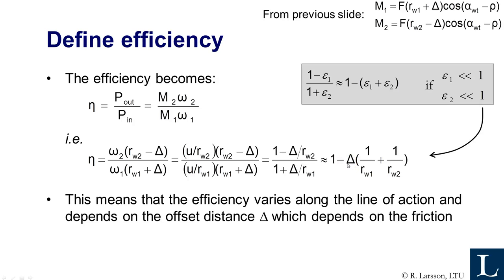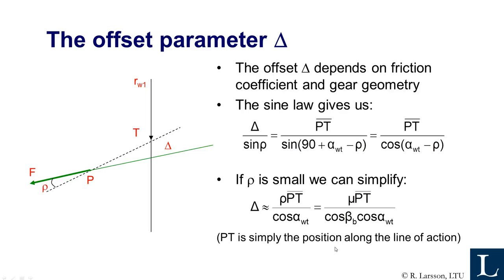It depends also on the friction. So now we have to define this parameter delta. As I said, it depends on the friction because it depends on the angle rho here. And now we can make use of the sine law. You remember that one? That tells you that if you have a triangle here, that means you also have rho angle here.